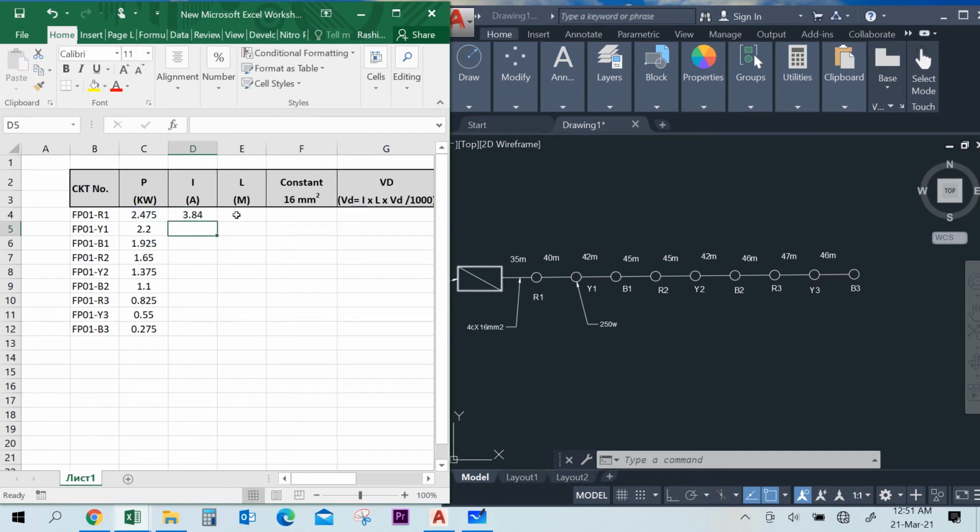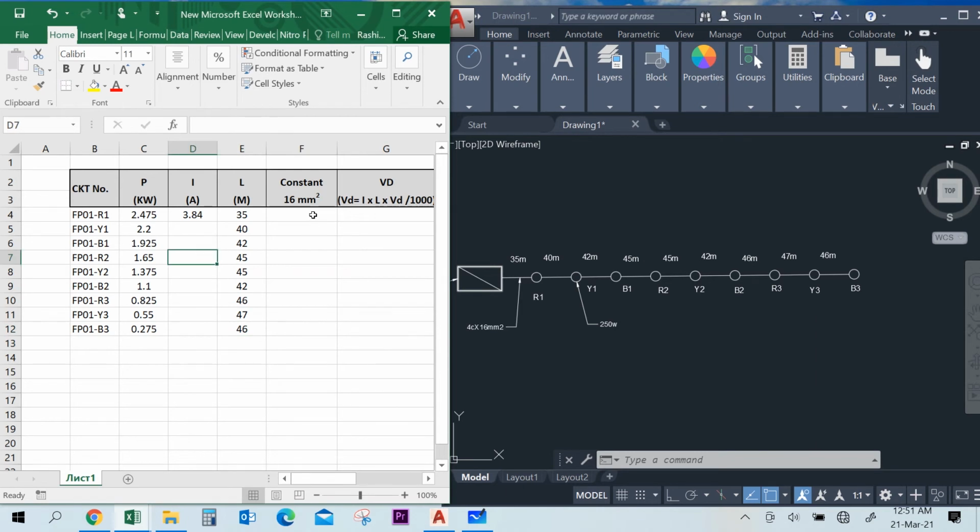Now we will write the cable length from point to point. First we will write 35 meter. The second, R1 to Y1, is 40 meter, and so on: 42 meter, then 45 meter, then R2 to Y2 45 meter again, 42 meter, then B2 to R3, sorry, 40 meter, 46, and that is 47.